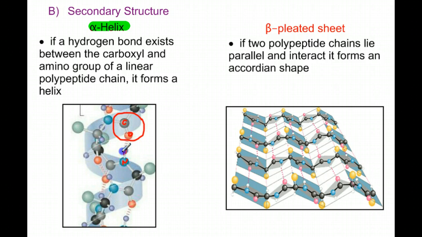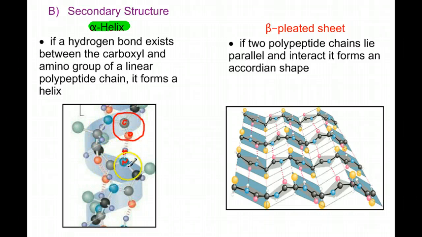And if you recall, the definition of a hydrogen bond is a hydrogen of one molecule interacting with the electronegative end of another molecule. So this actually takes your polypeptide chain that you formed in your primary structure, and it starts to bend it a little bit, because this hydrogen bond forms between the hydrogen on the amino group and the oxygen on the carbon group.